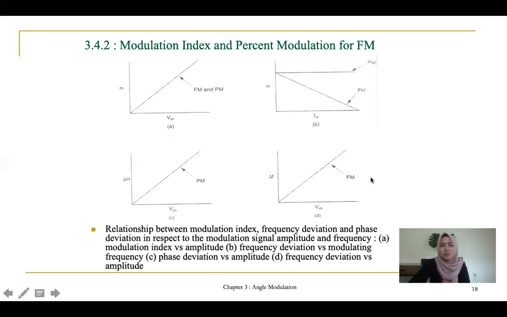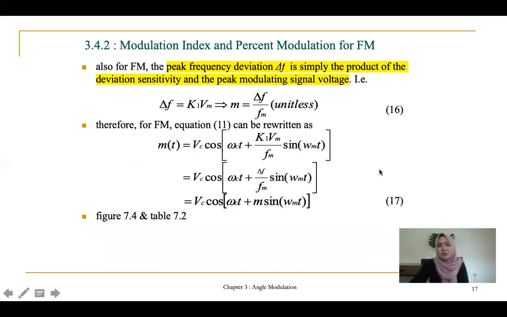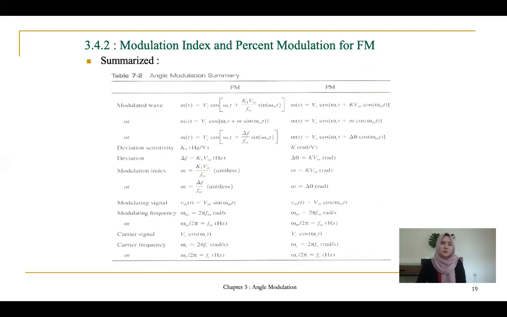And the same for figure D, when the amplitude of the modulating signal increases, the delta F will increase. Okay, this is just to show you the relationship. How do we get this relationship based on the previous equations?